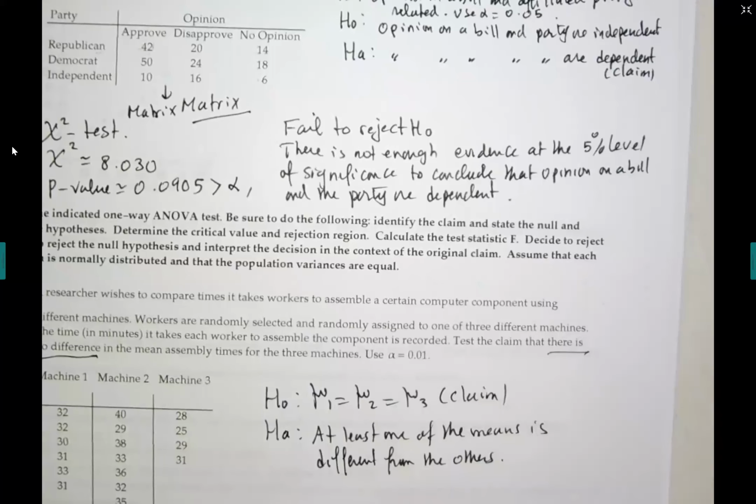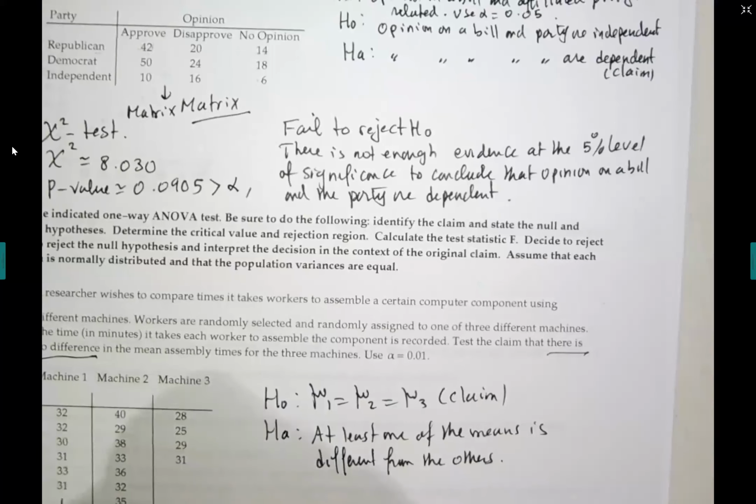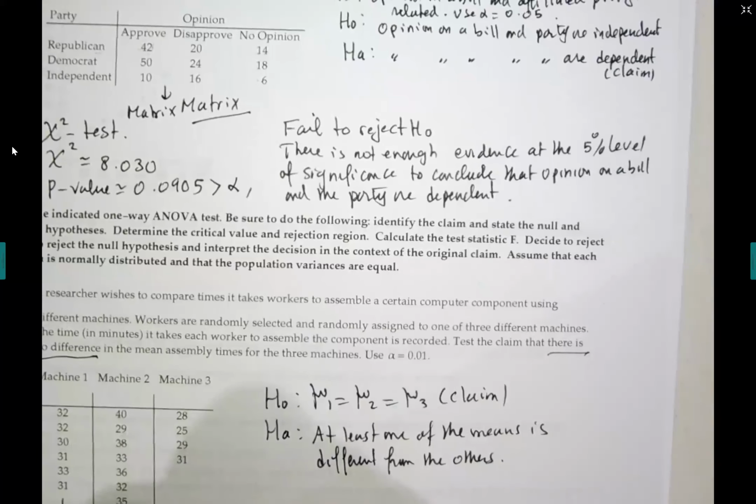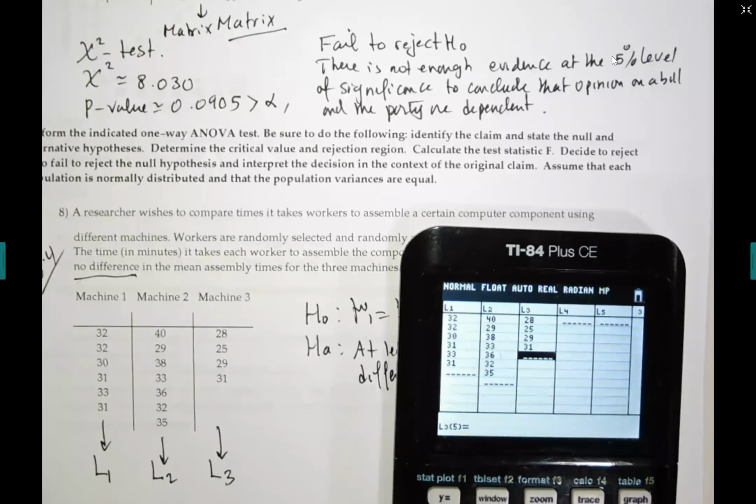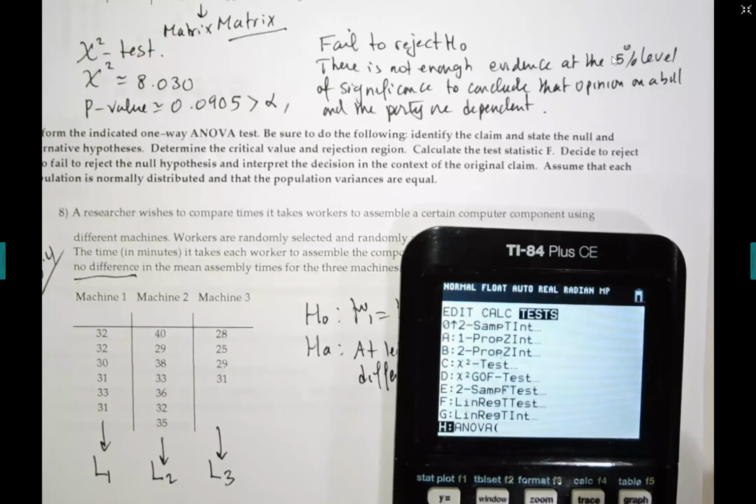Okay, guys, I'm going to give you a minute to put this in L1, L2, L3, and then we will continue after a couple of minutes. Okay, so let's get back on. We input machine 1, machine 2, machine 3 in L1, L2, L3, and we run stat tests, ANOVA.